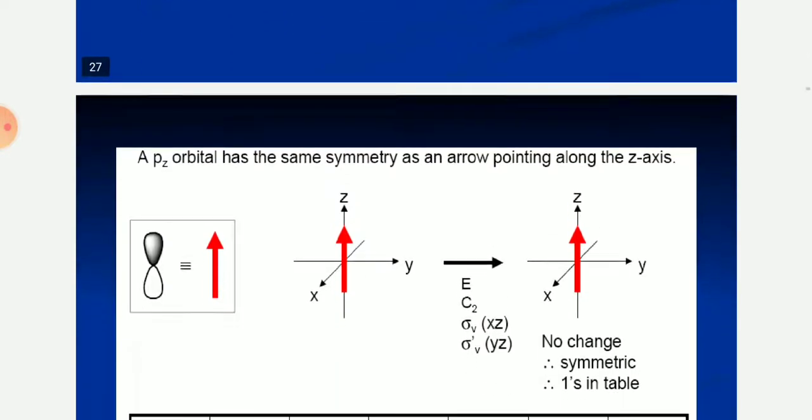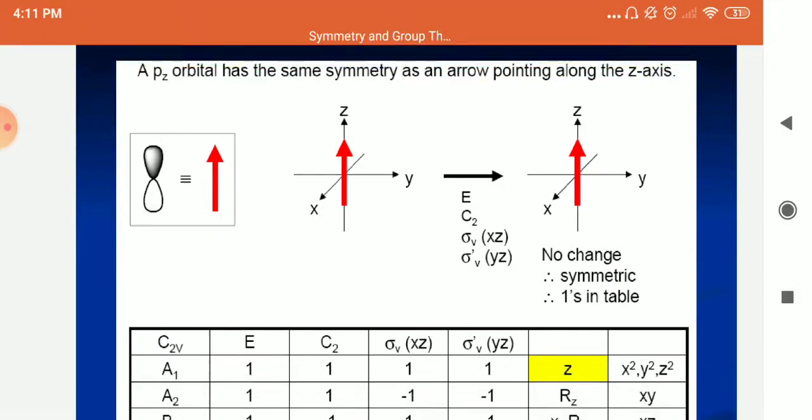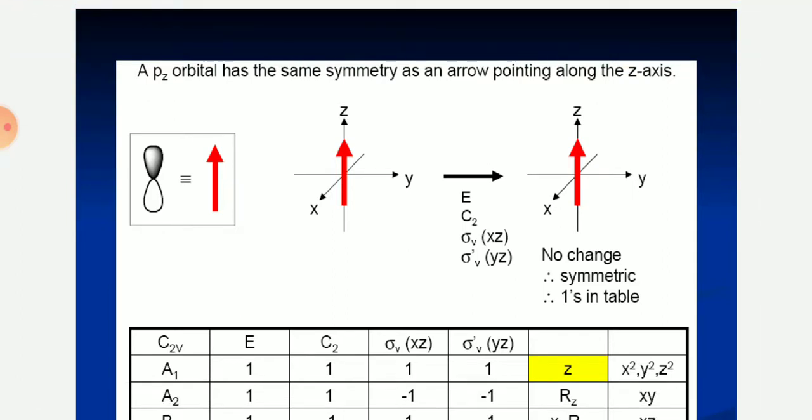Okay, now if you see for the pz orbital, the orbital has the same symmetry as the arrow pointing along the z-axis. Okay, you know that the molecule has 3 planes of symmetry, x, y and z. For a pz orbital, you know that the molecule lies on the z-axis.